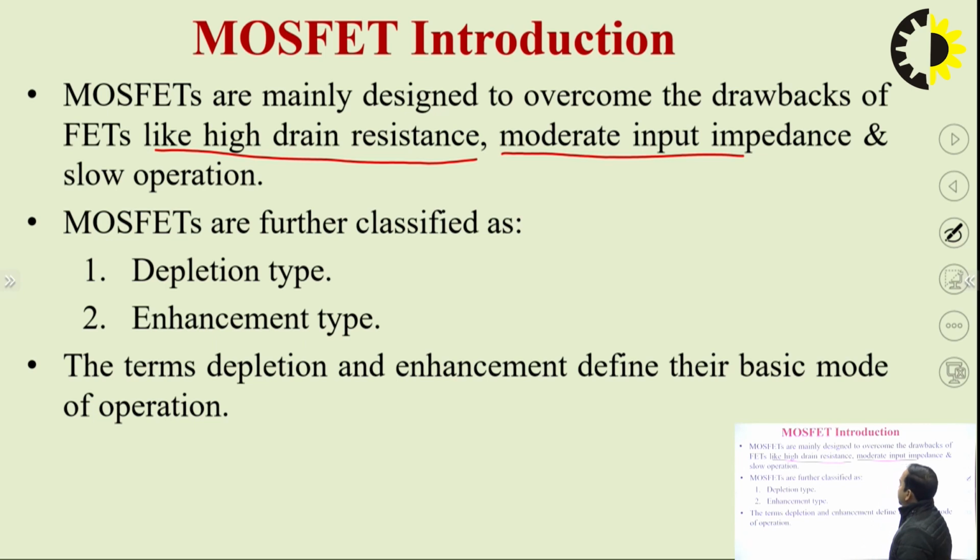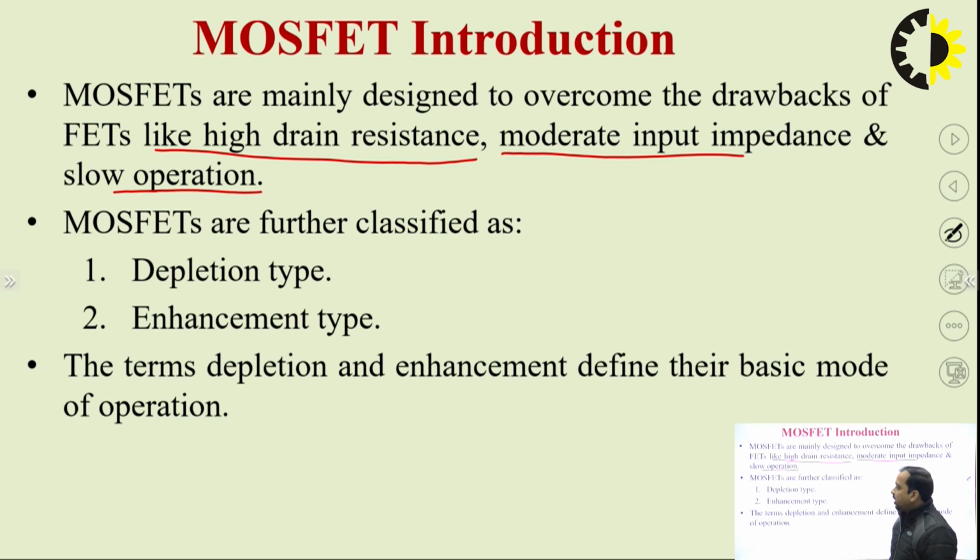The MOSFET provides a very high input impedance due to the insulation layer present at the gate terminal. So this is the advantage, and that's why MOSFETs are mainly used over FETs. Also, one major drawback of FETs is their slow operation. If we want an application which requires fast speed, we prefer the MOSFET over the conventional FETs.